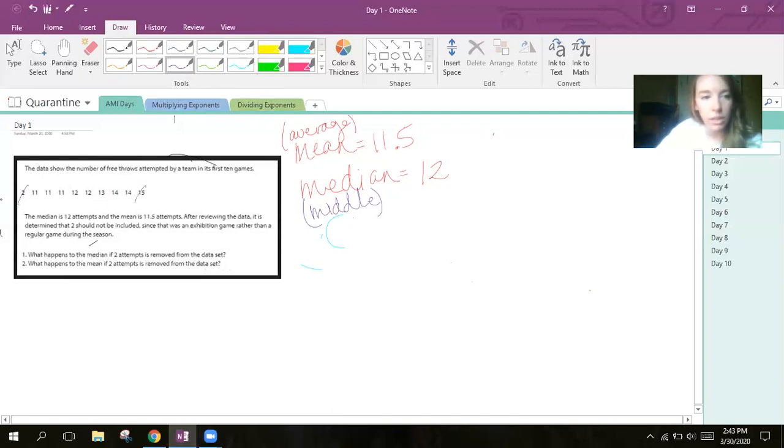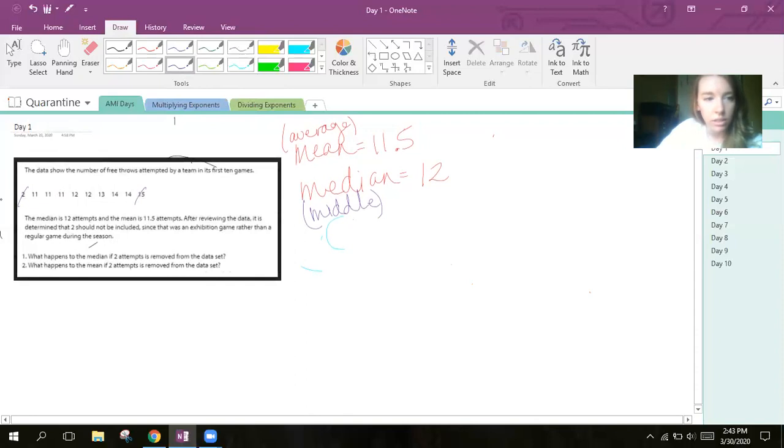Where's my pen? There she is. Team time out. There. First, last. First, last, first, last. But since we have an even number of data values, there's going to be two numbers in my middle spot. So when you have two numbers in the middle spot, you're going to come off to the side and you have to take those two numbers, whatever they are.